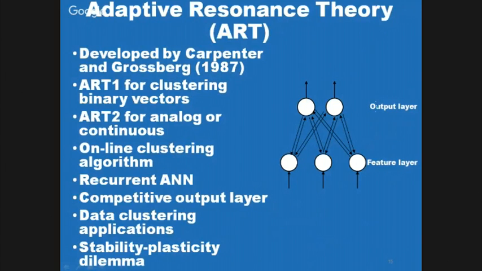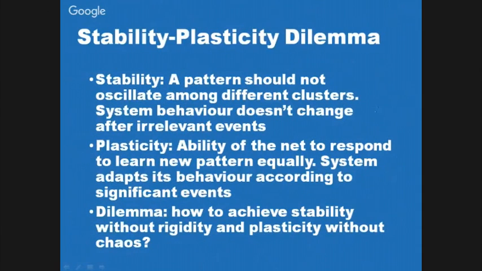It is a very unique problem in the case of ART: the network should be stable and it should also be plastic. What do you mean by stable? Stable means a pattern should not oscillate among the different clusters. That means when you are clustering, it should not be the case that input pattern I1 comes into cluster 1 the first time, then cluster 2 when you update again, then cluster 3, because every time you would be doing DJ and finding that.